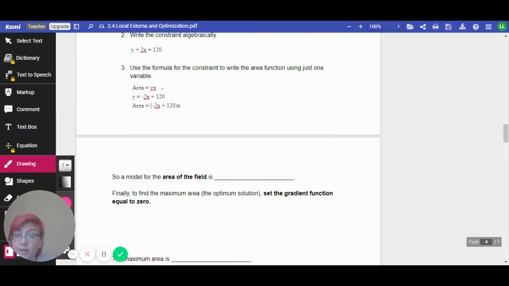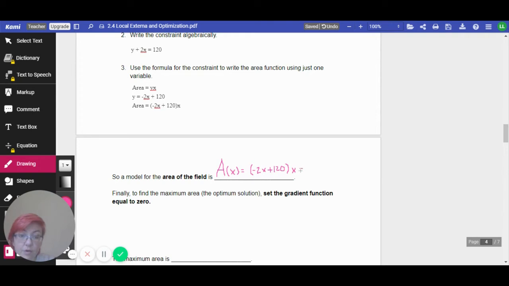And I'm going to draw this so we don't get these ridiculous red lines. That area as a function of x is equal to negative 2x plus 120 times x.